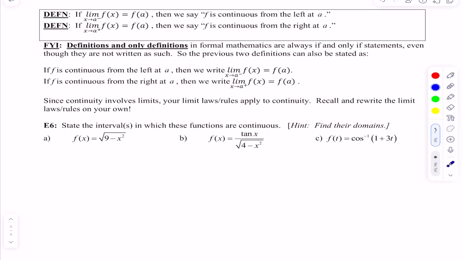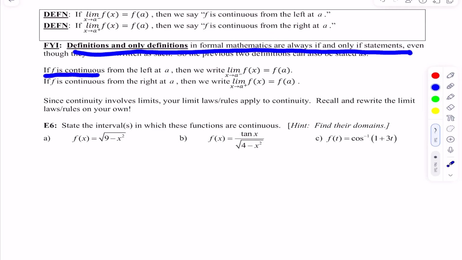Here are the formal definitions of continuity from one side. Feel free to rewrite this yourself and then learn how to say these vocabulary words out loud. Now, definitions are also if and only if statements.